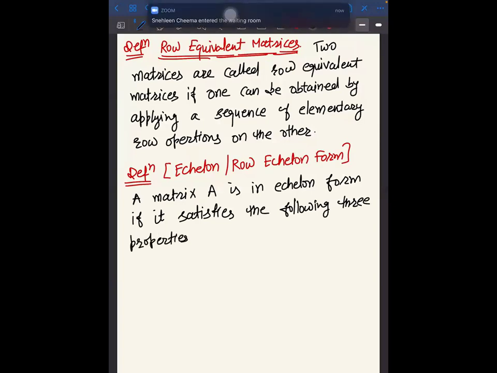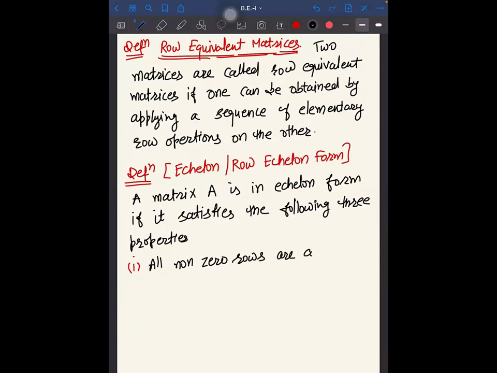And what are they? First, all non-zero rows are above the zero rows.